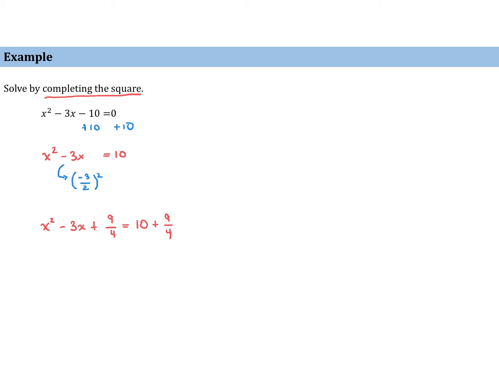So now, the left-hand side is a trinomial square. So it means that we'll factor into the square of a binomial. So, what is it? The square root of 9 fourths is 3 halves.